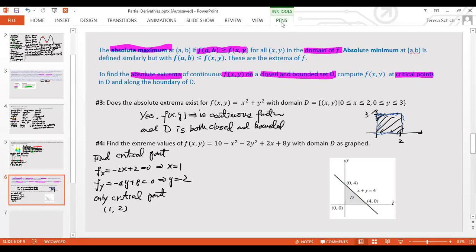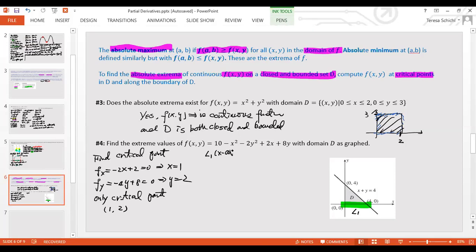Let's take a look at boundary number 1, the green line here. We call this line 1 because we need to consider all the boundaries. Line 1 is the one on the x-axis.